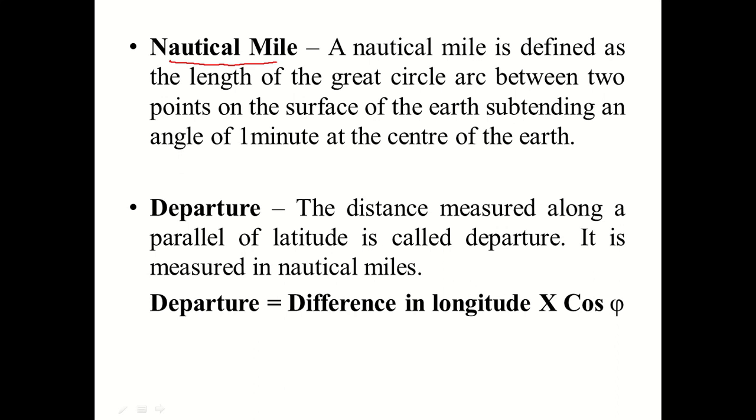This nautical mile is defined as the length of the great circle arc between 2 points on the surface of the earth subtending an angle of 1 minute at the center of the earth.